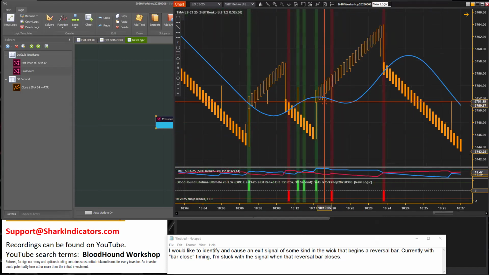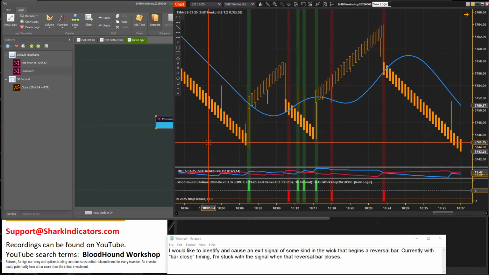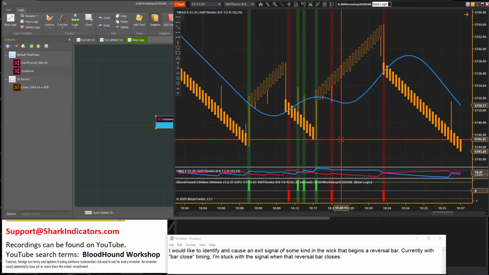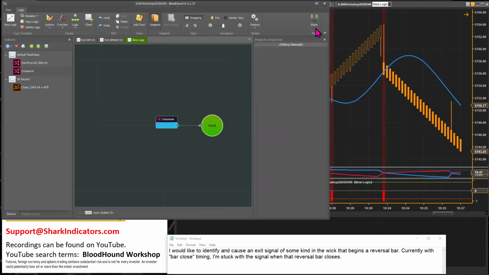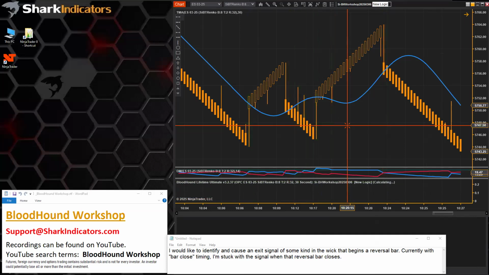Yeah, so here's a couple more bars that triggered an exit signal there, right? Whereas if we use the closing price, let's see here, let me do a reload here.